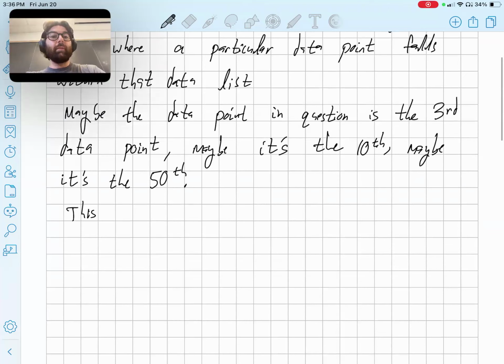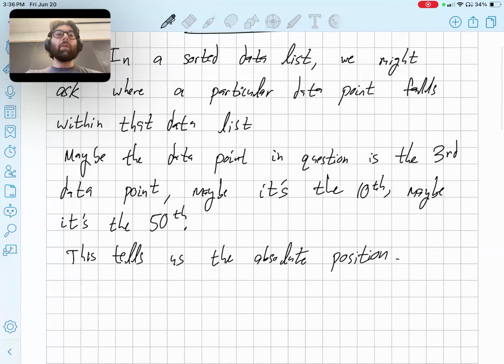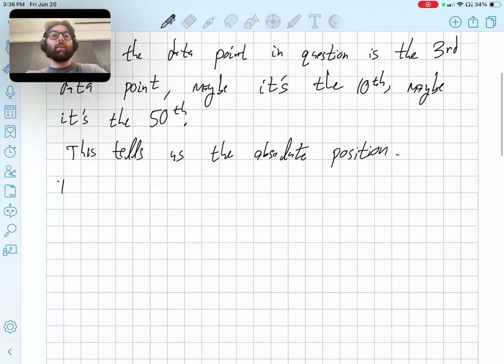This tells us the absolute position. It is the third smallest, third biggest, whatever. But this isn't helpful if we don't know how many data points there are.